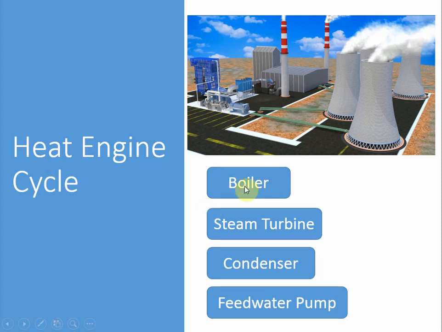Number 1 is the boiler, which supplies heat to produce steam, and then the steam turbine, which converts the thermal energy of steam into a work output, and the condenser, which is the device responsible for the deliberate heat transfer to the cooler surrounding or the cold reservoir. And then we have a feed water pump.